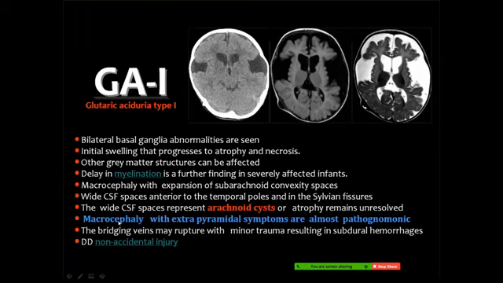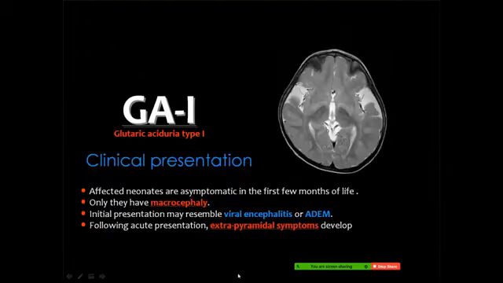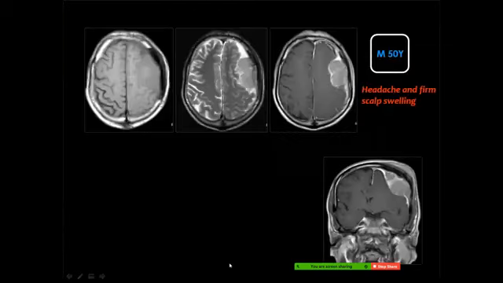This is an important statement. Macrocephaly with extrapyramidal symptoms is almost pathognomonic of glutaric aciduria type 1. And this is the clinical presentation: macrocephaly, extrapyramidal symptoms, and the initial presentation may simulate viral encephalitis.